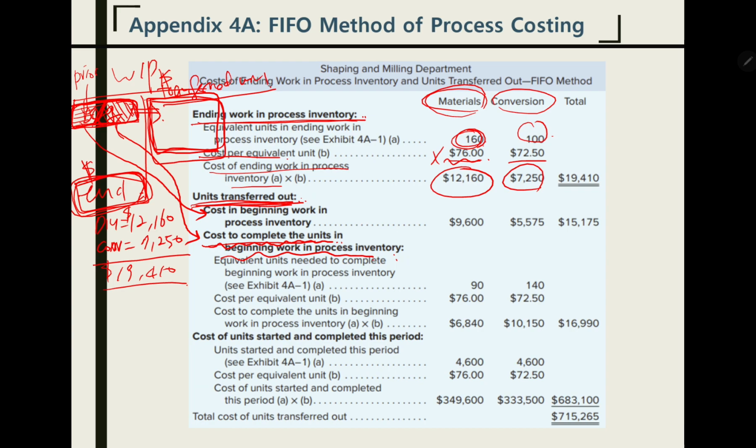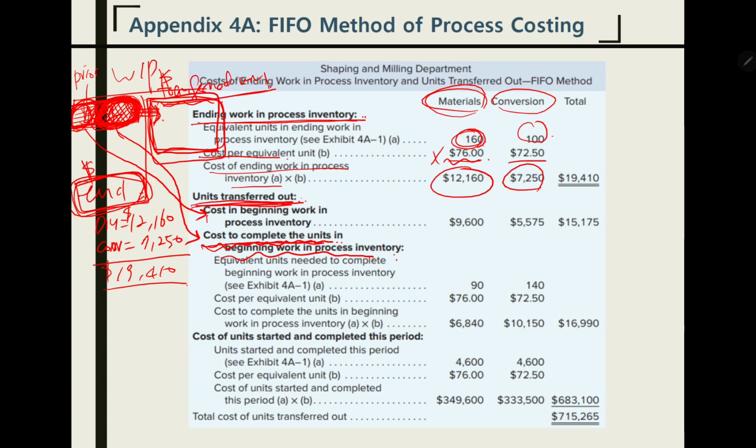However, under the FIFO method, we separately computed the dollar value of these two parts, right? So in the previous step, we computed this part using only the cost and outputs of the current period. Anyhow, these two parts are included in the dollar value of transferred units, so we have to add these two parts when we are computing the dollar value of transferred units.